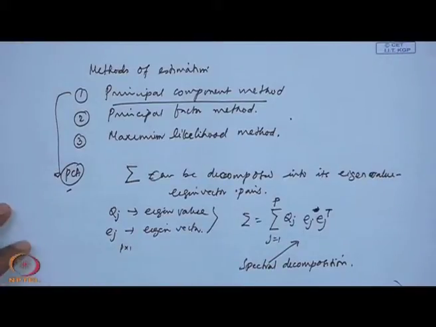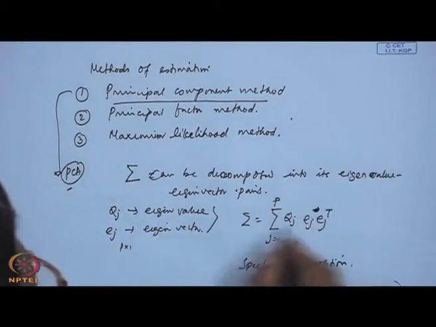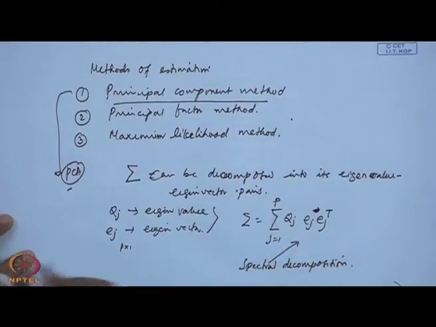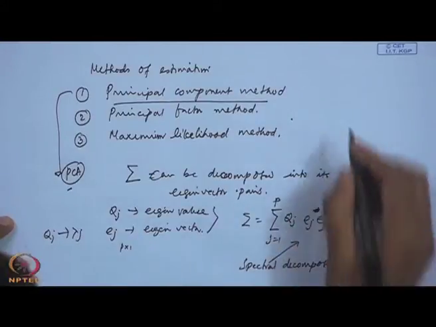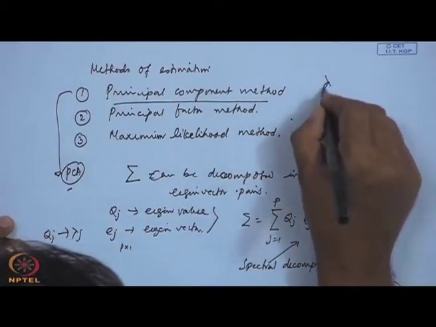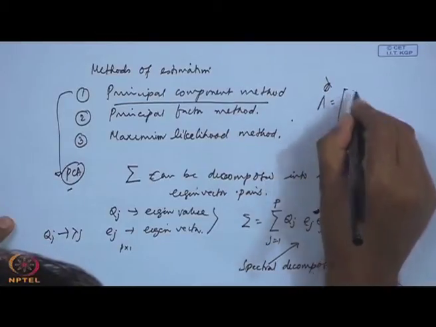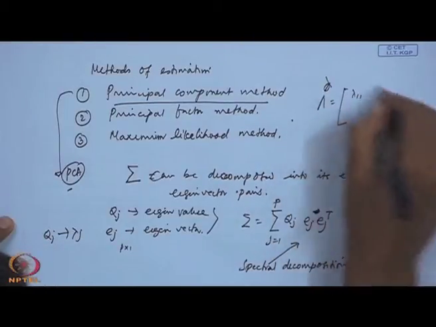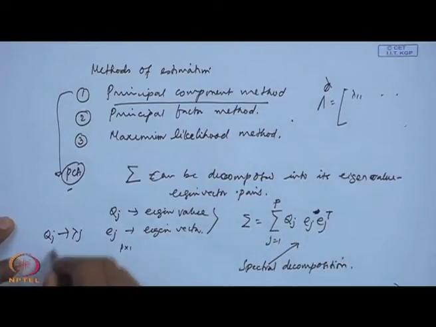Okay. In PCA, when we described this, instead of Qj I have written this as lambda j, but in this case we are using capital Lambda, which is the component lambda 1; these are the factor loadings. So, I am using Qj for eigenvalue.